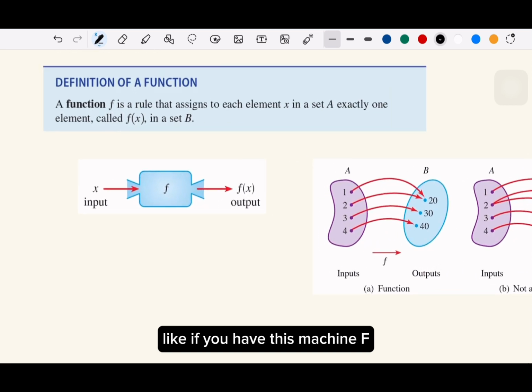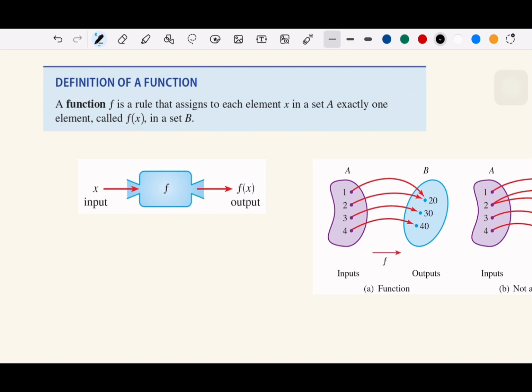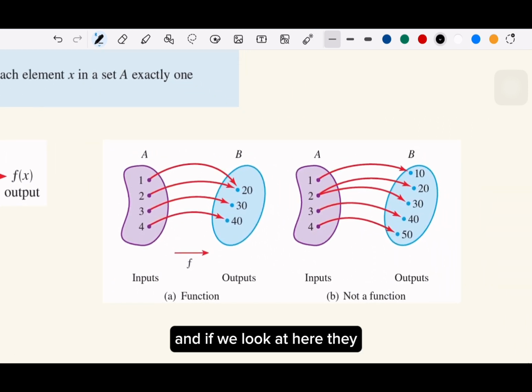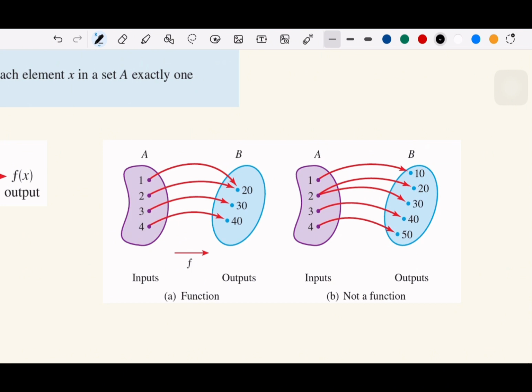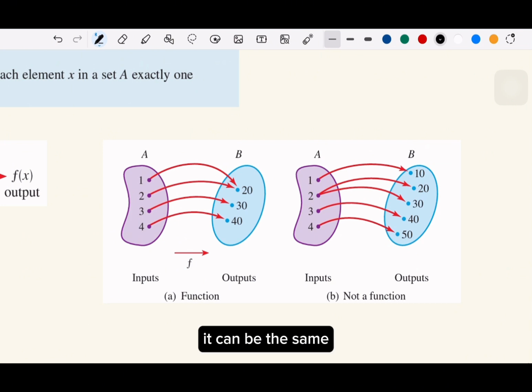Like if you have this machine F, you put in some X and it will give you an output, okay? If you have two different inputs, the output can be the same. You may have that, but the same input should have one output. So if it has two outputs like this one, it's not a function.